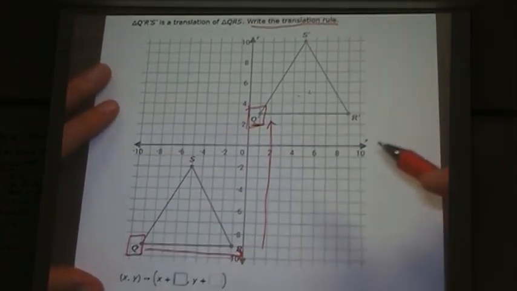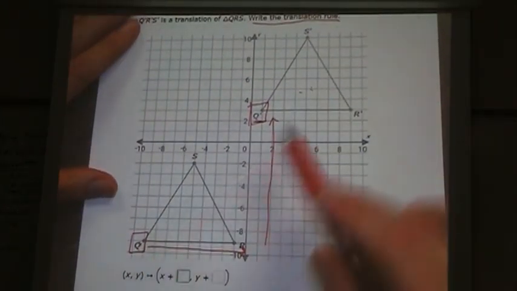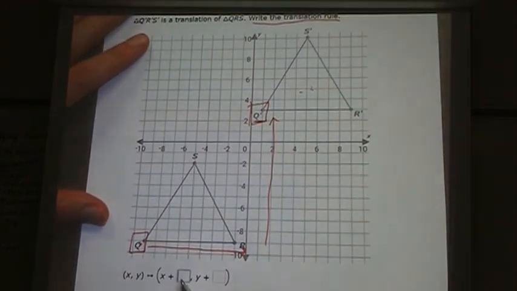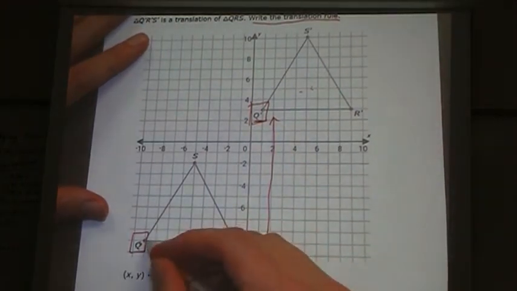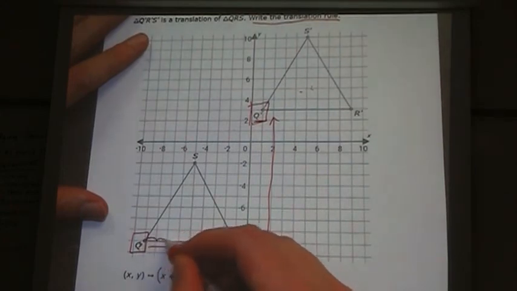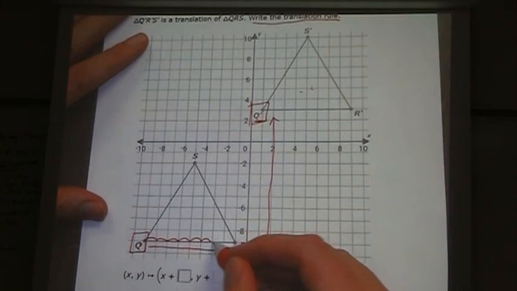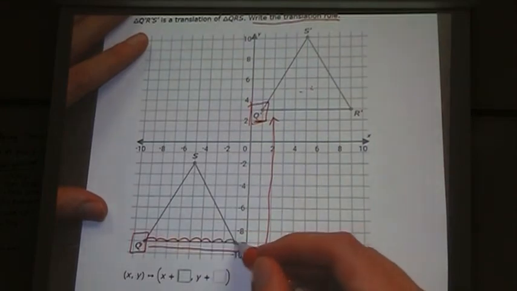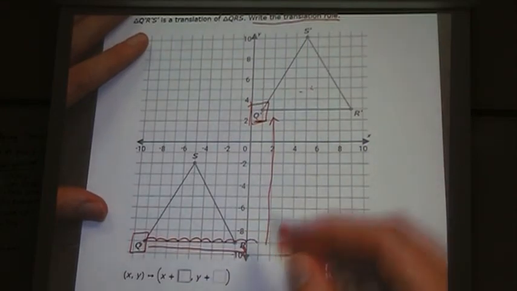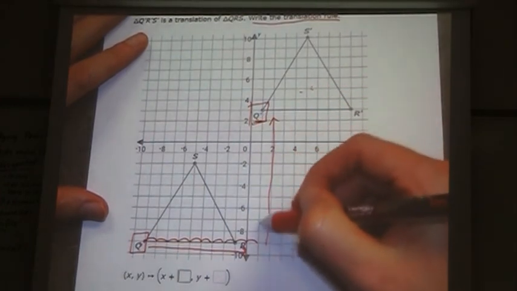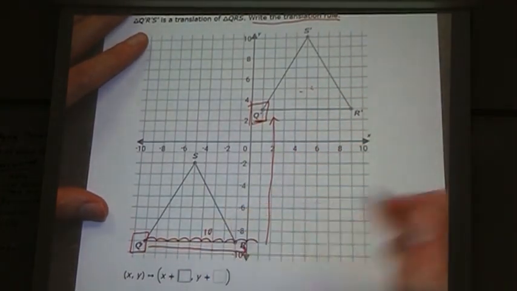So what I do is I say, how do I turn Q into Q prime? I'm going to count my X's first. X is my right-left movement. And I go 1, 2, 3, 4, 5, 6, 7, 8, 9, 10, and just make sure, okay, are we over? Yep, okay, we are 10 units over.